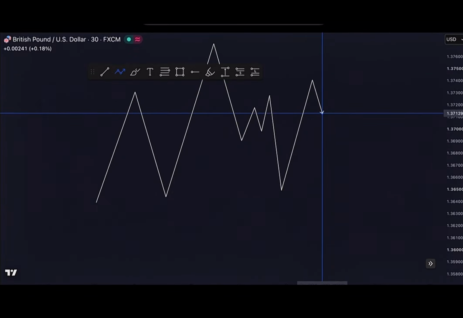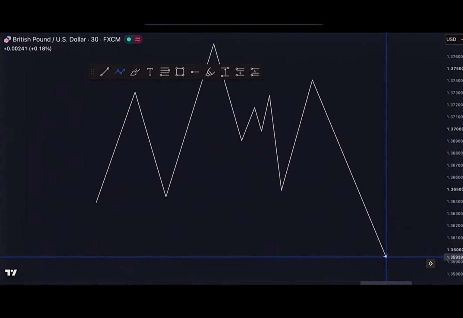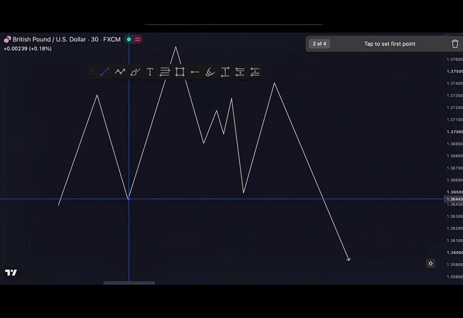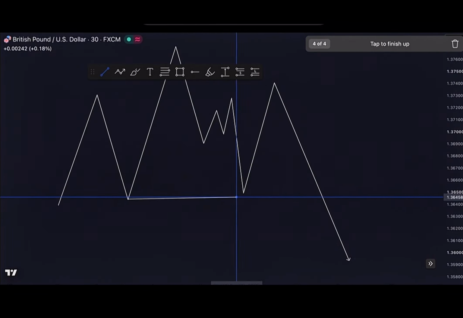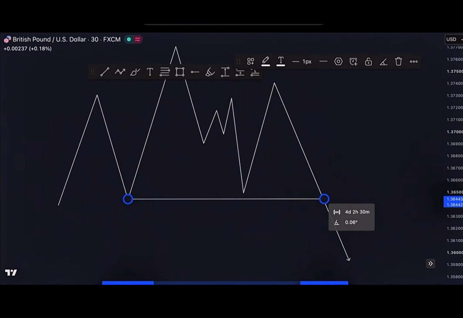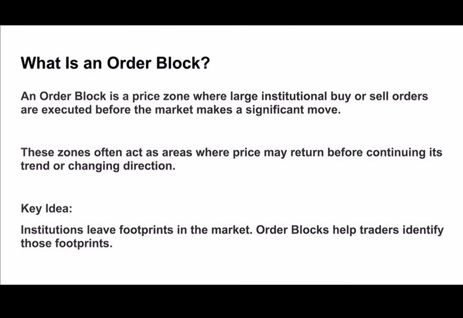Or in some cases it might break this swing low, then it forms a change of character. Any of these could occur there.